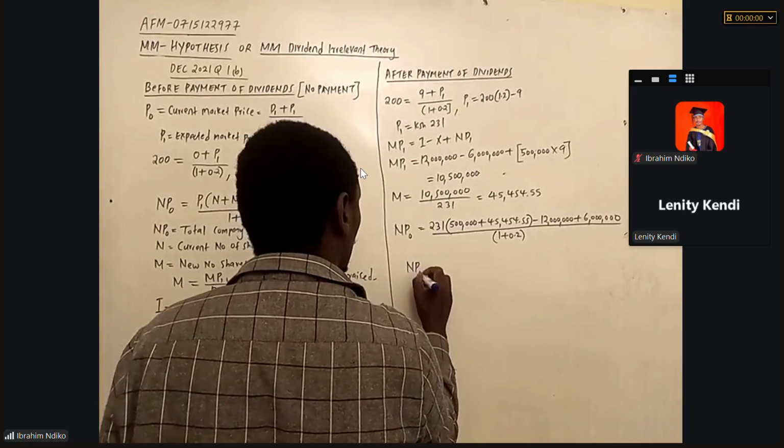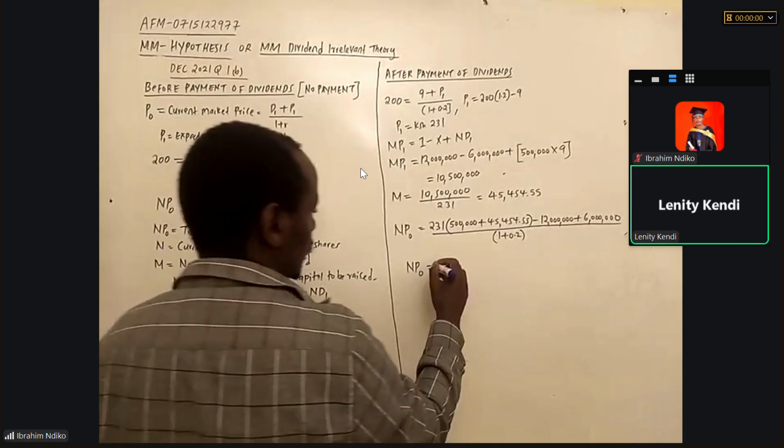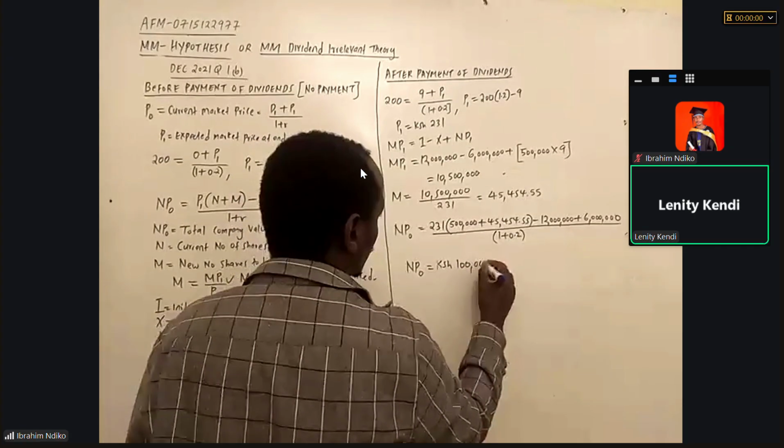So I want to show you something because of decimal places. Take 500, let's do it together. On your calculator, the way you did the one above, 10,500,000 divided by 231. I am not there yet. Yes. So write 500,000 plus the answer, times 231. And then minus 12 million plus 6 million, and then divided by 1.2. You get 100,000? Yes, 100 million. Now, what does it say?